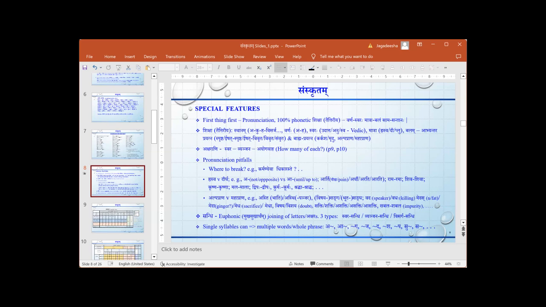For example, when we say Vishwanath or Vishwa or Vishwasa, it has two vakaras. In Sanskrita, they are both same. There is only one vakara in Sanskrit.